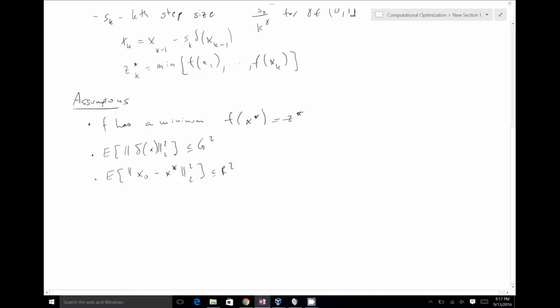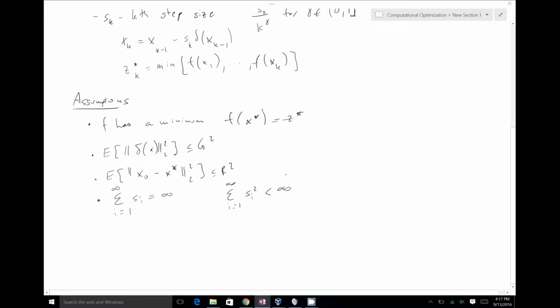And then the last one was this weird one about the step sizes: if I sum from 1 to infinity of s_i, I get infinity, but if I sum from 1 to infinity of s_i squared, I get something finite.